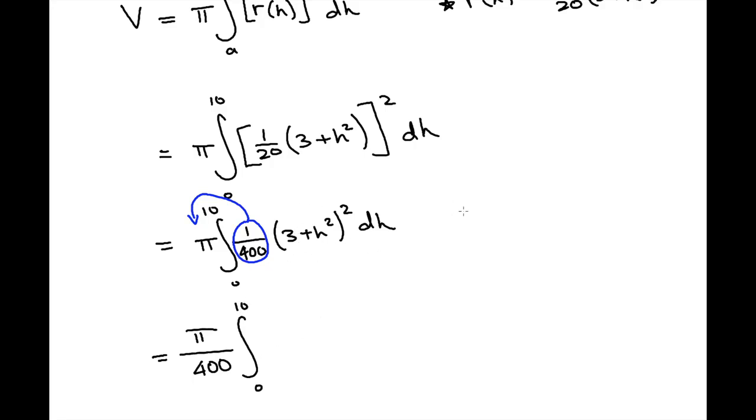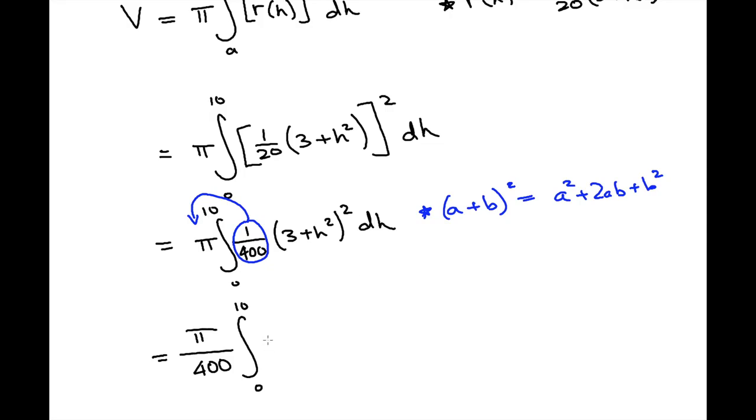To FOIL this out, we'll apply this identity here, which is a plus b squared is equal to a squared plus 2ab plus b squared. If you remember, this just saves you the trouble of having to go through and multiply everything, the entire foiling process. It just saves you some time there.